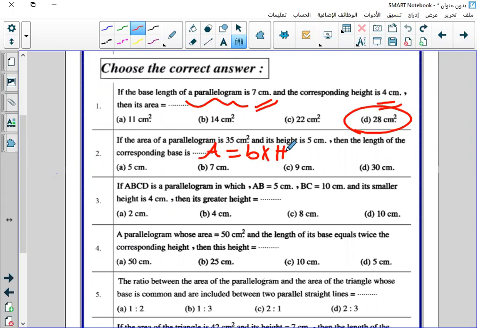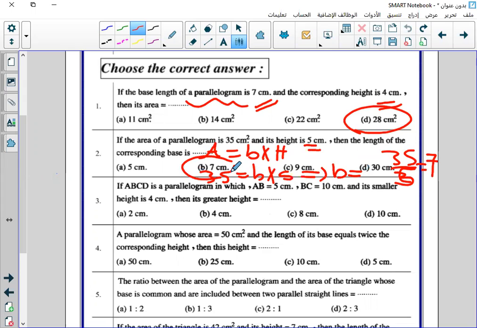So if the area equals 35, equal to base times height 5, to get the base we make a division. 35 divided by 5 equals 7 centimeters. Yes. Letter B, 7 centimeters. Okay, thanks, Anas.